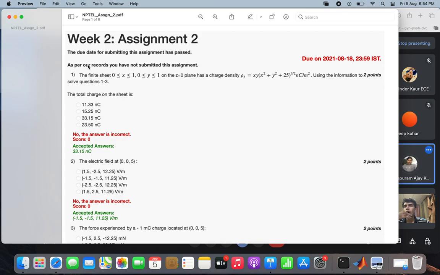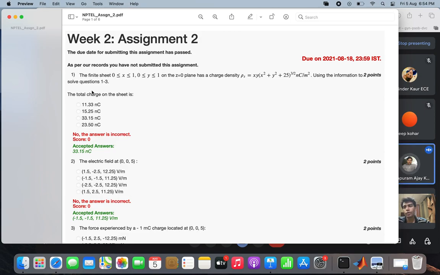It depends on your configuration. All the charges are located at the 8 corners of the cube. Then how will we find the electric field? For that configuration you're saying.